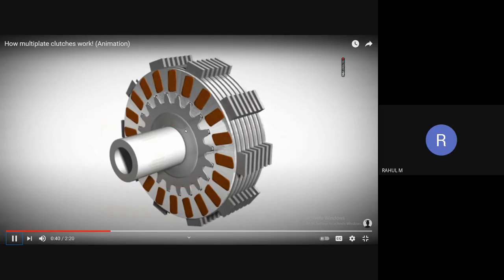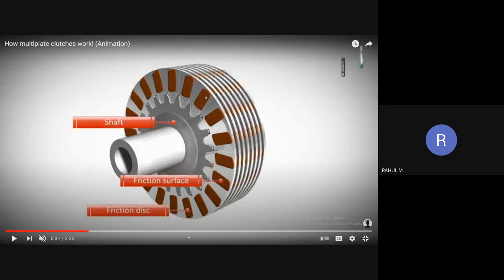Now you can see that steel discs are used in between. To engage this, you need a driven plate as well. You have a driver as well as a driven. These pieces are the drivers, with friction surface attached to them, which is to increase the coefficient of friction.